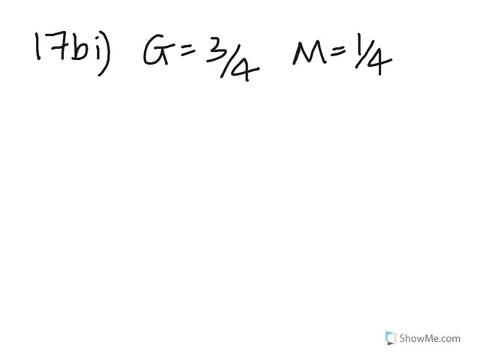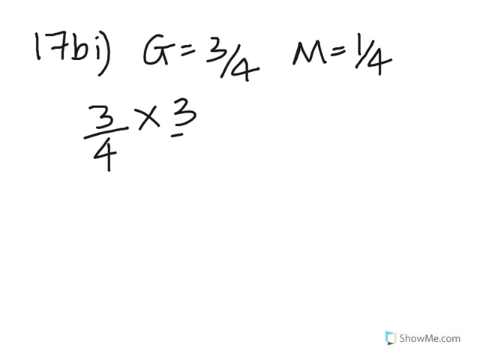Okay, for 17b1, they're saying that Nikos takes 2 shots, and what is the probability of him scoring 2 goals? So now the probability of him scoring the first goal is 3 over 4. On top of that, there's another probability of, in the second shot, him scoring another goal, and that's 3 over 4. Since these are 2 separate instances, you need to multiply the probabilities of scoring goals together.